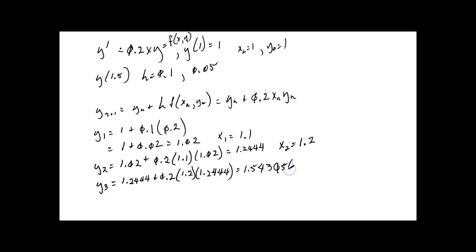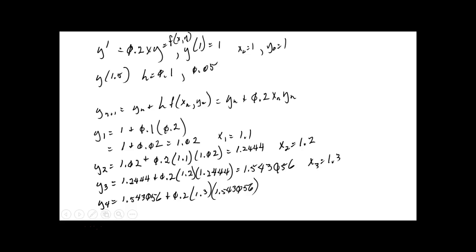Okay. Y4 is equal to 1.543056. You got that on there, you don't have to change anything. Plus 0.2 times x3, which is equal to 1.3, times 1.543056. I hope I got that all. Equal, yuck. Okay. Equal.